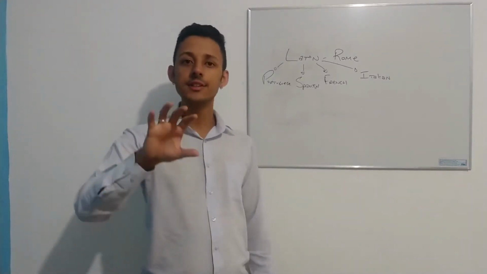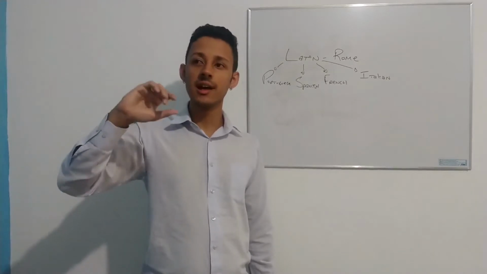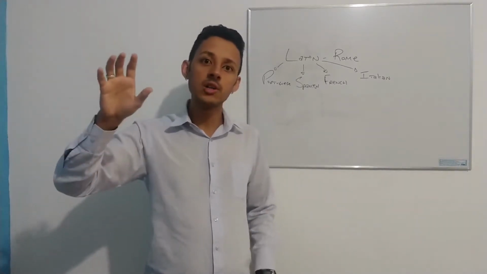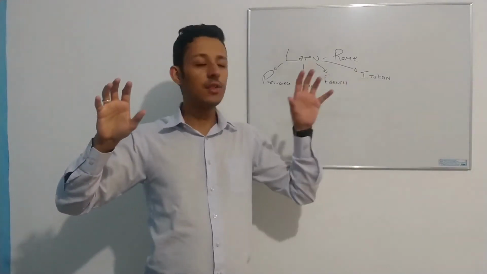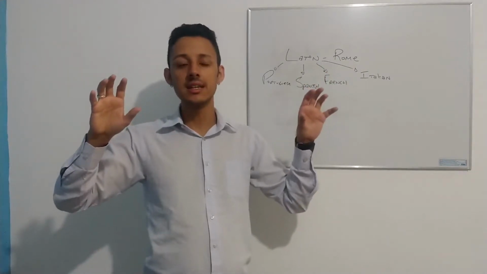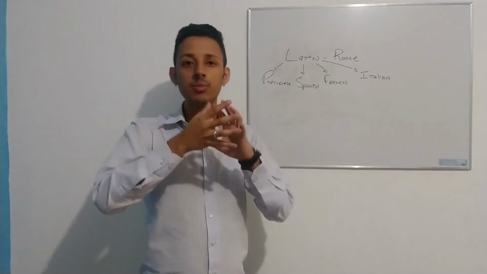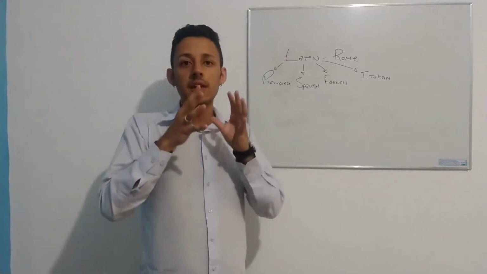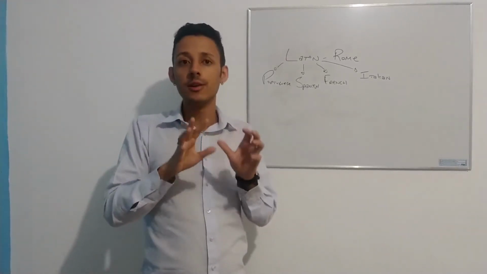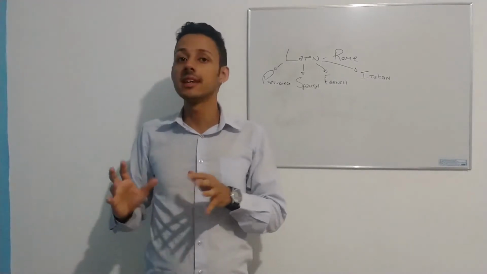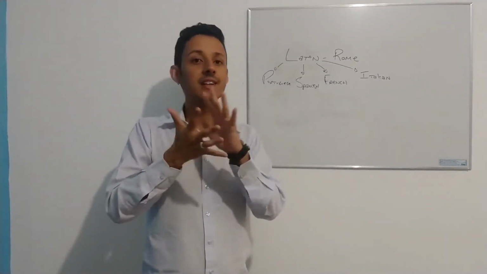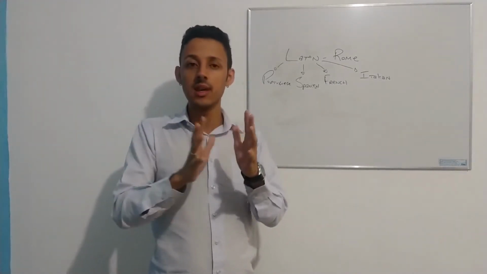So when you have a language with a different origin, and you take an alphabet and try to put them together, it is really complicated. Imagine Portuguese with the Chinese alphabet. It doesn't fit. It's not good.